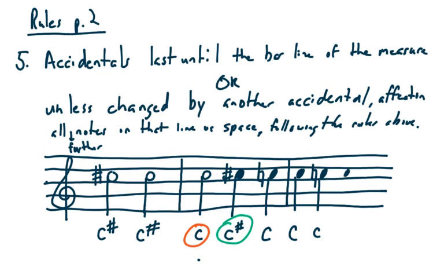Okay, now, this is C. What does this make it? Is this C natural, C flat, or C sharp? C natural.